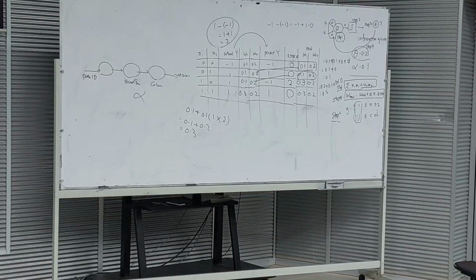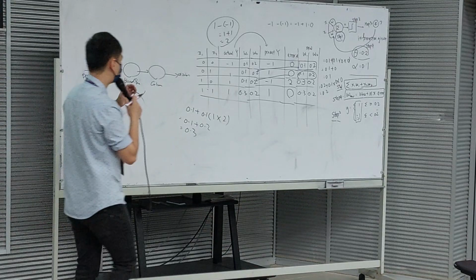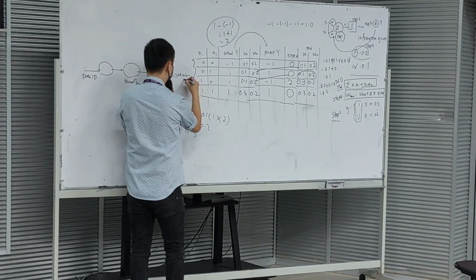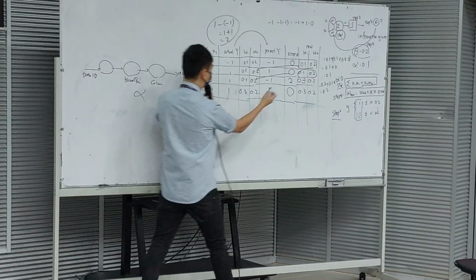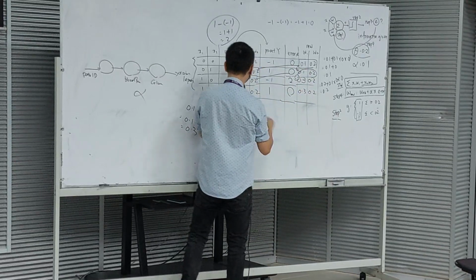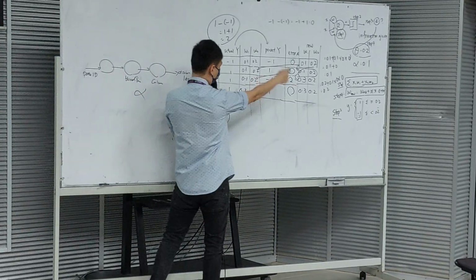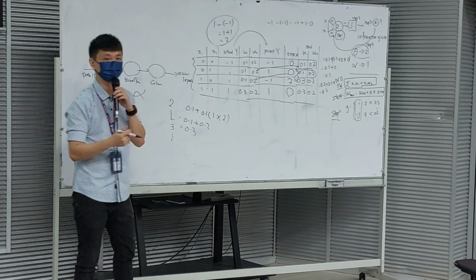Yeah, so that will be the final W1 and W2 for only the first epoch. And you can see that this is not consistent yet. 0.1 increased to 0.3. So by right, you have to repeat for the second, third input until you get consistent weight 1 and weight 2.